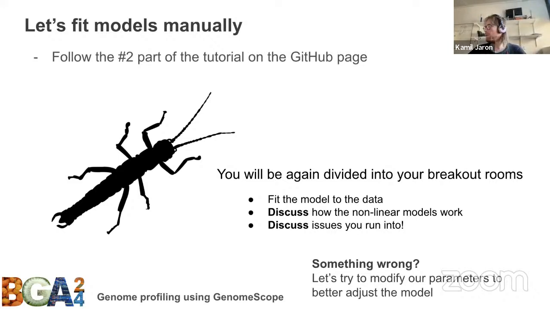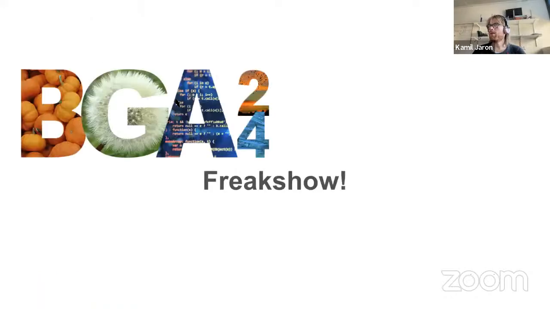So normally I would say, we actually have plenty of time. Do you want to try to fit your own models in R manually? Okay, then I will give you 16 minutes. Is that okay?